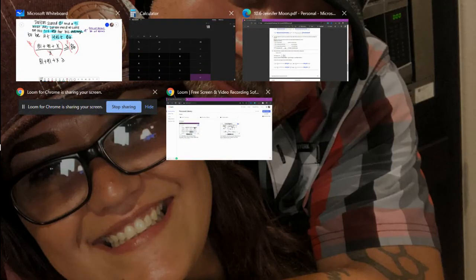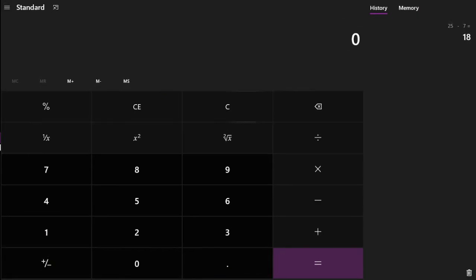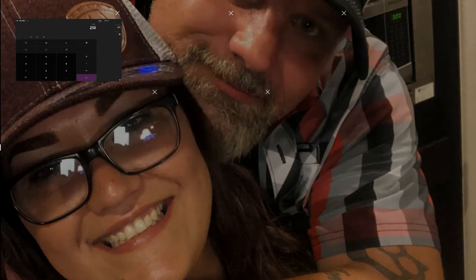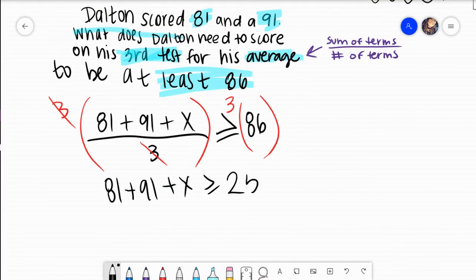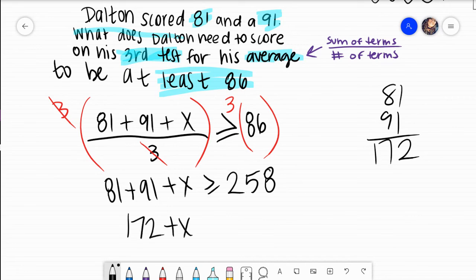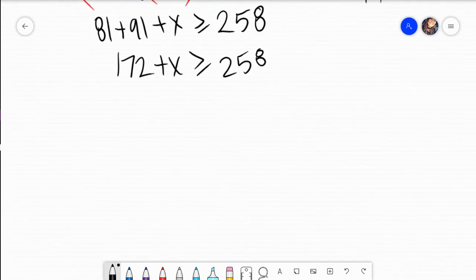3 times 86 equals 258. So 258. Now let's look at this. 81 plus 91 is 172. I get 172 plus x greater than or equal to 258.